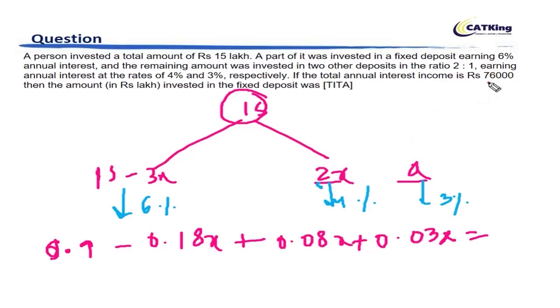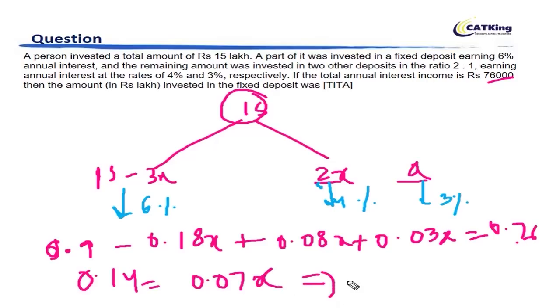The interest income is 76,000, so in lakhs it will be 0.76. Now 0.76 moves to the left-hand side, this becomes 0.14, and the components of x move to the right side, so this becomes 0.18 minus 0.11, so 0.07x. Therefore x is equal to 2 lakhs.